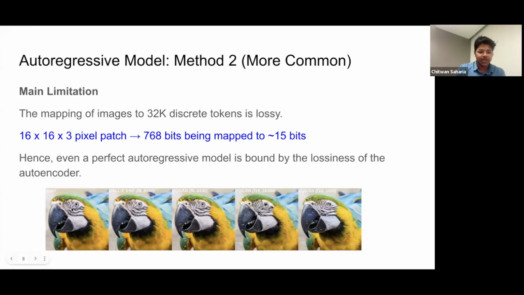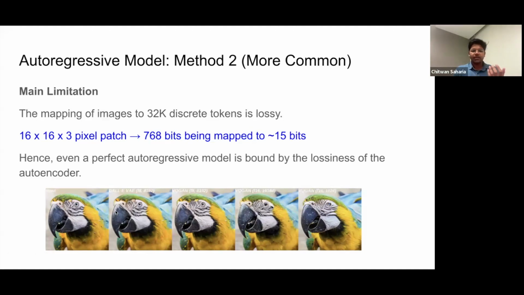Here I've shown you an example of a parrot image and the reconstruction performance of different autoencoders that people have tried in the industry. You can see that in each of these reconstructions, something is being lost. Sometimes the images are blurry, sometimes they are missing crucial details. This is one of the reasons why there has been this disadvantage with this modeling approach, and why people have started working on diffusion models for image generation.